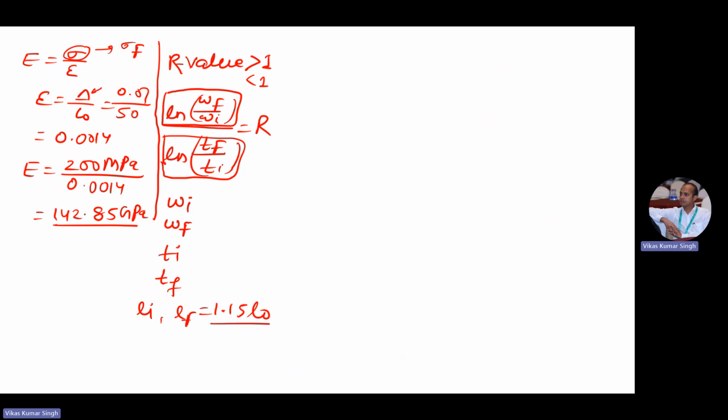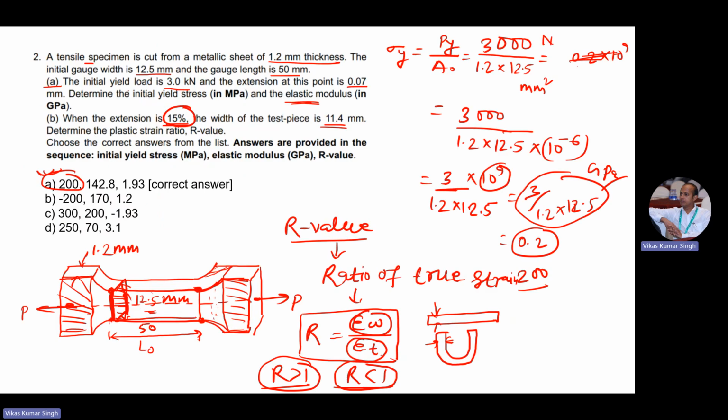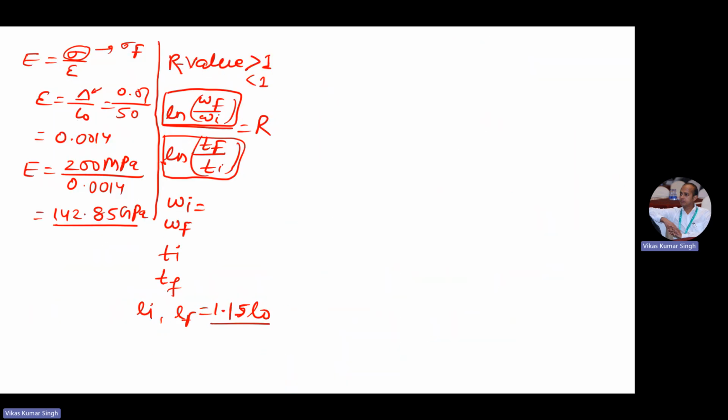Extension means increase. W initial is 12.5, W final is 11.4, and T initial is 1.2, and the remaining one is T final. So we can calculate how this is happening.